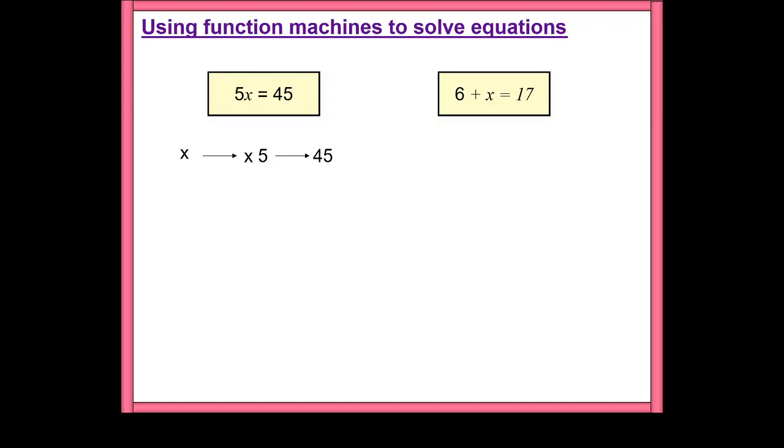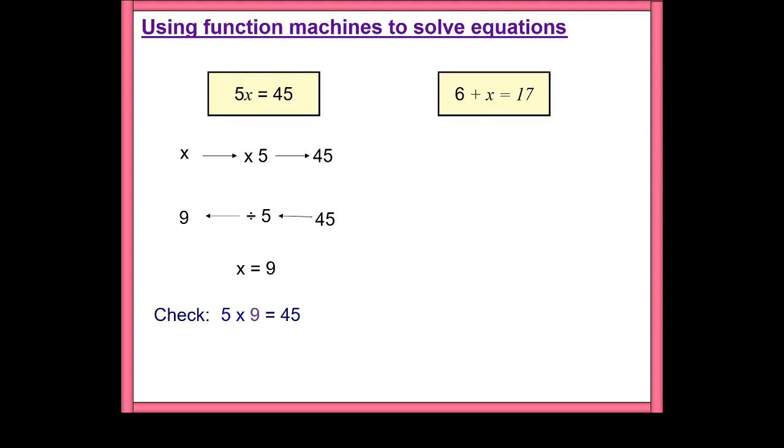So if we do the inverse of that, we start with 45. The inverse of multiplying by 5 is dividing by 5. 45 divided by 5 equals 9. So our solution is x equals 9. Again, just to check, if we do 5 times 9, we do get 45.